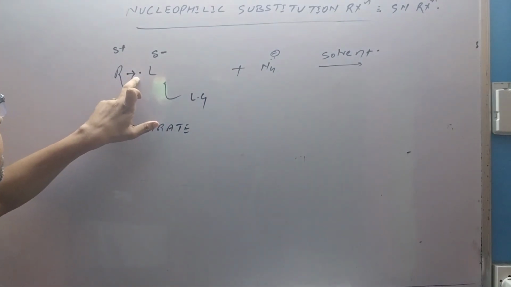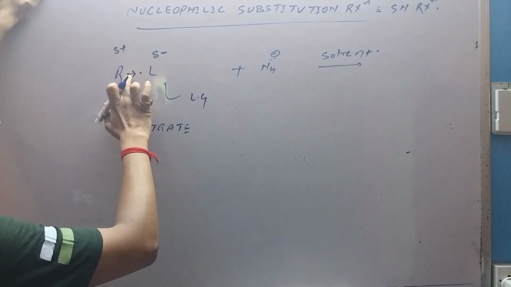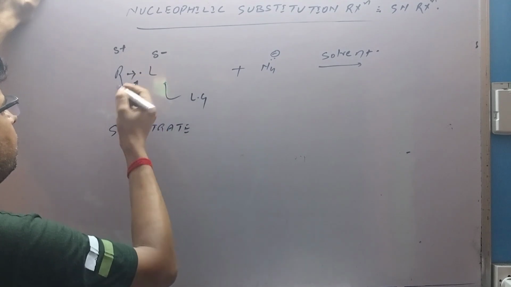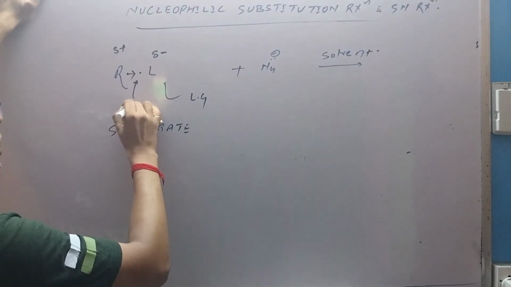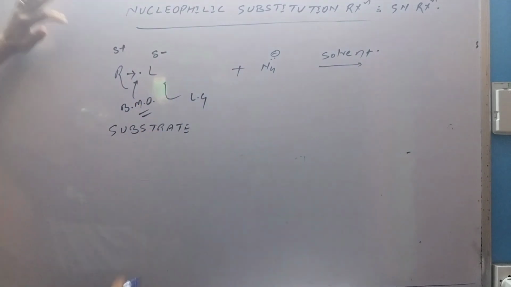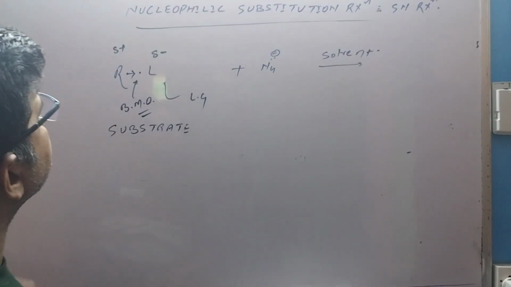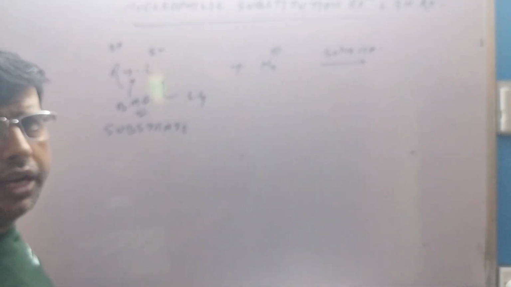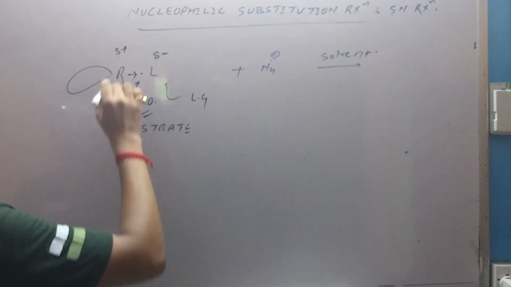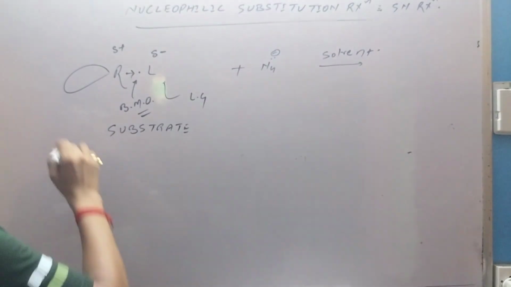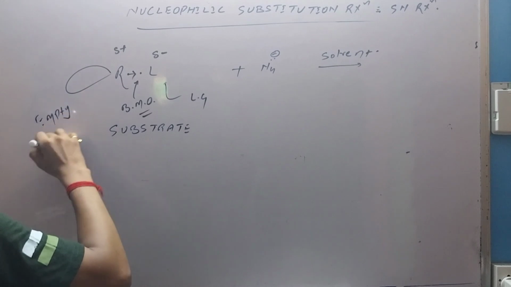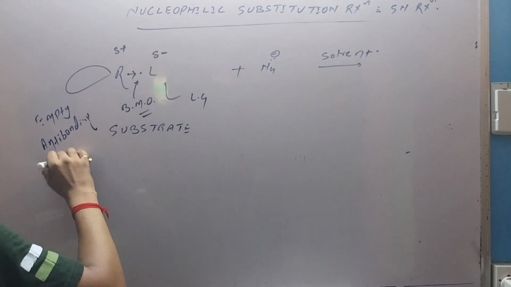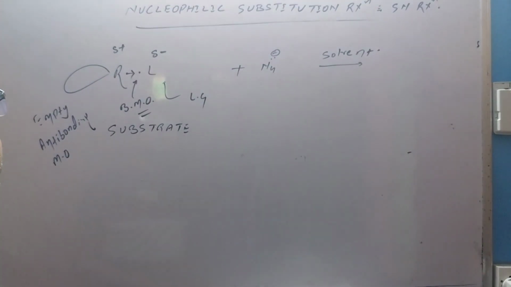These two electrons, this bonding pair of electrons, are present in the bonding molecular orbital, the lower energy orbital. If this pair of electrons is present in the bonding molecular orbital, it means the alkyl must have an empty anti-bonding molecular orbital, which has higher energy.